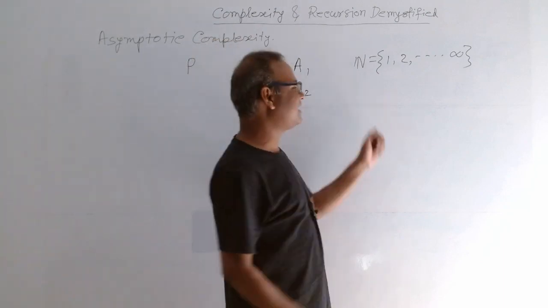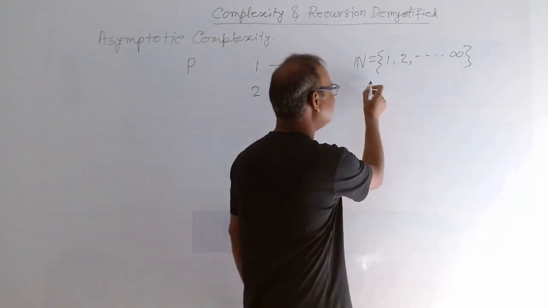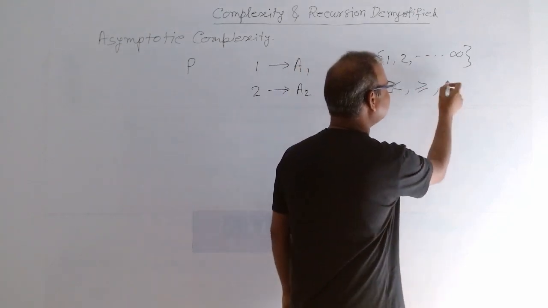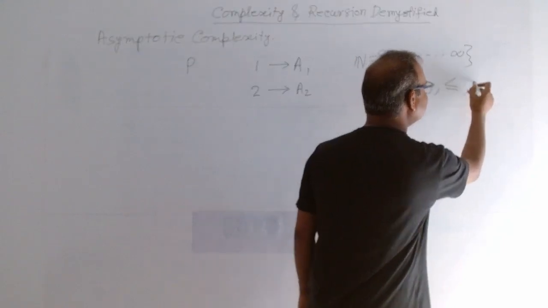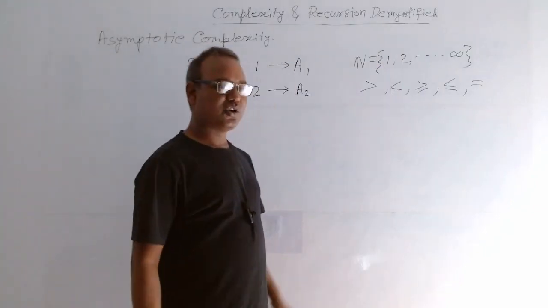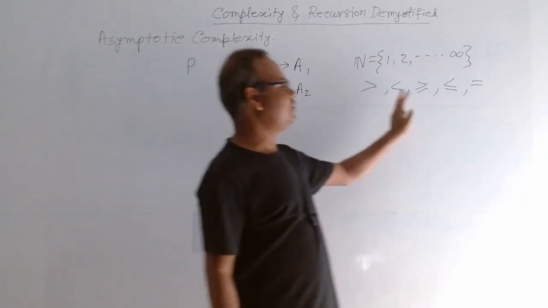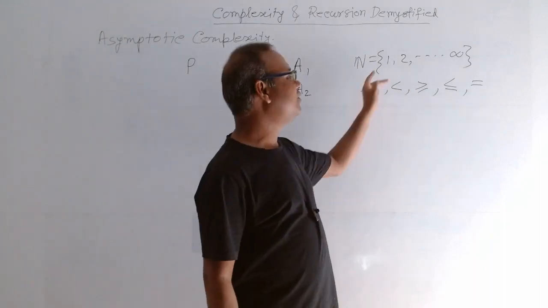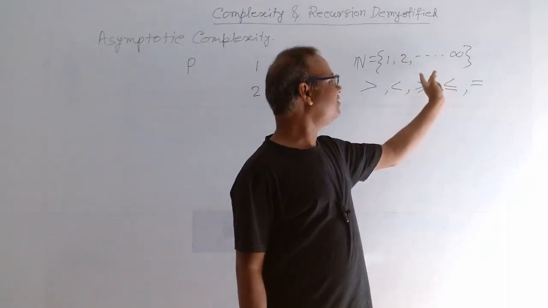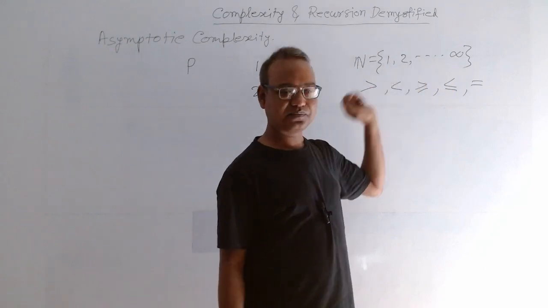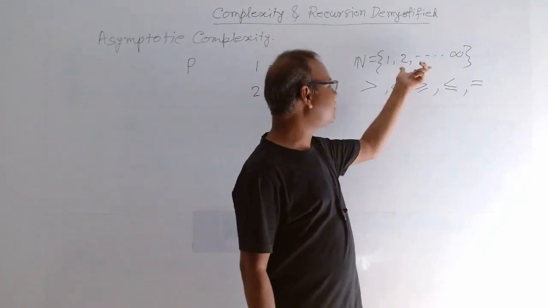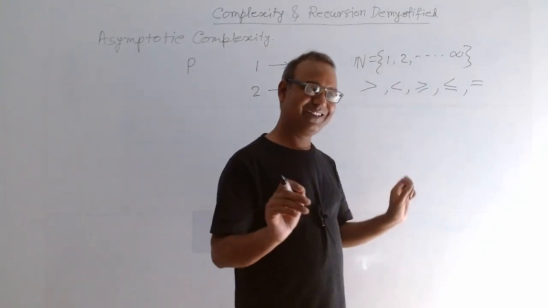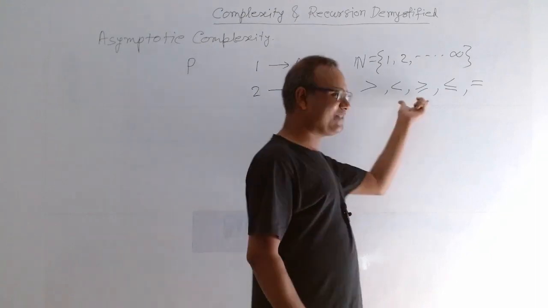In the set of natural numbers, there is greater than, less than, greater than or equal to, less than or equal to, and equal to. So how many such symbols are there? 1, 2, 3, 4, 5. So given these 5 symbols, we can compare any two instances of the set, because the ordering is defined through the symbols.